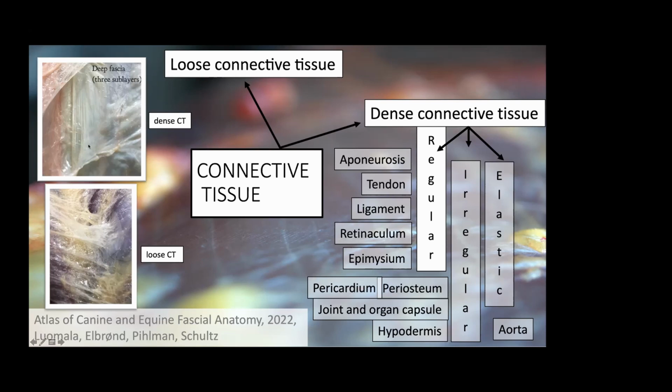You can see that one, it is very white and like a sheet of fascia. So it's very clear when you have the dense connective tissue and how it is orientated. Deep fascia is in many places in 3 layers, so there will be 3 sublayers, and we are looking at that also.